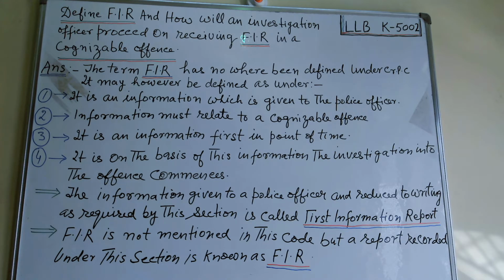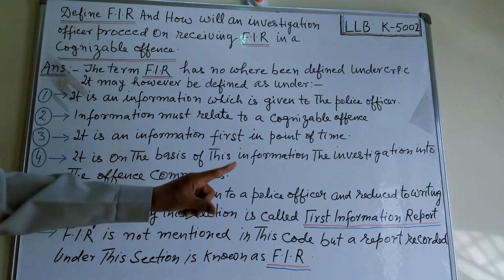Now, this implies the information given to a police officer and reduced to writing as required by this section is called first information report, or you can say FIR. This is the definition in short.